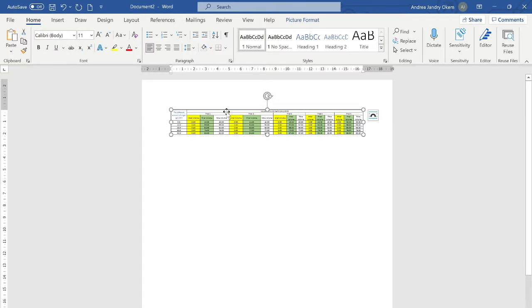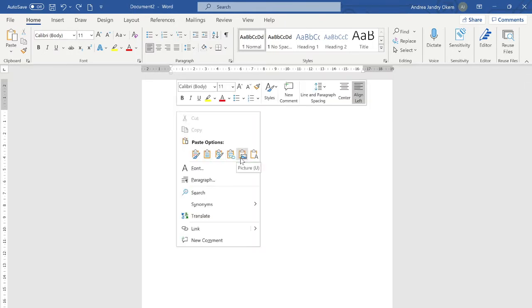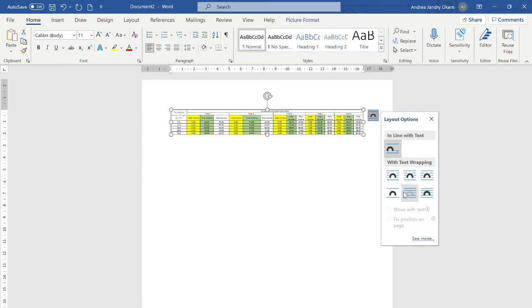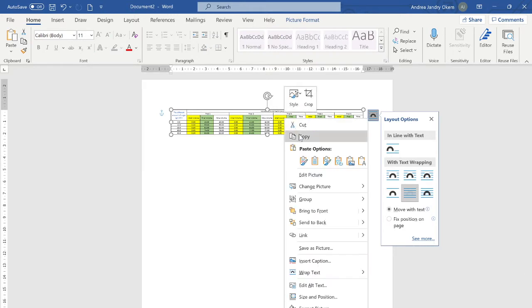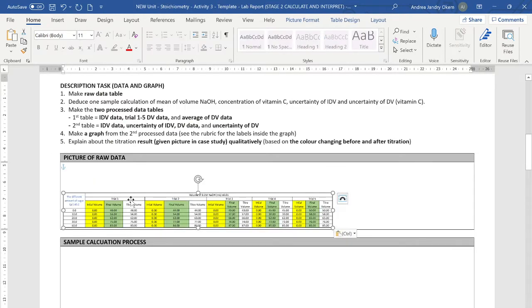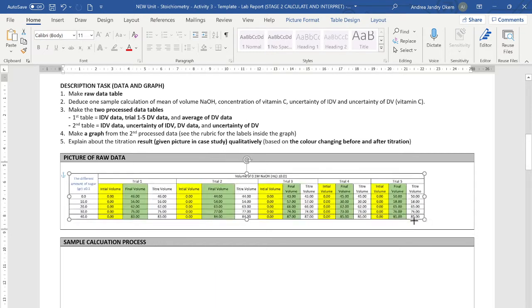Don't forget, you need to paste as a picture, this one. After that you need to make it behind the text, so it's easy for us to move. So copy and then put it in the picture of data table, and then we can make it a little bit bigger.